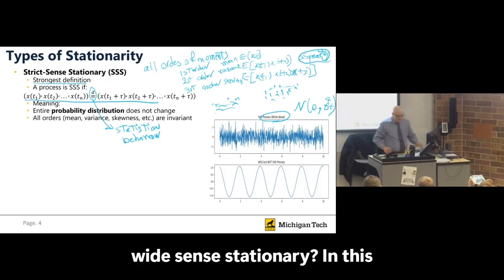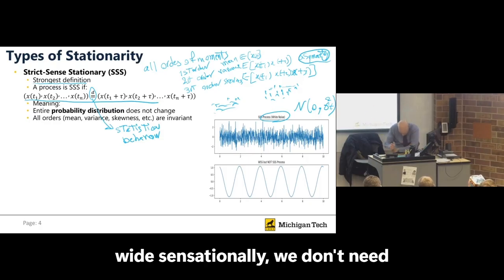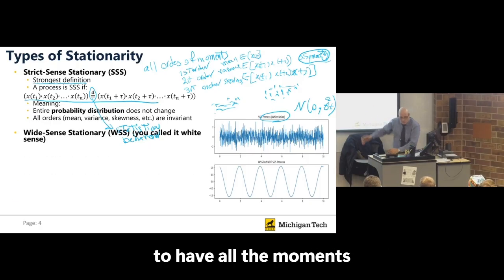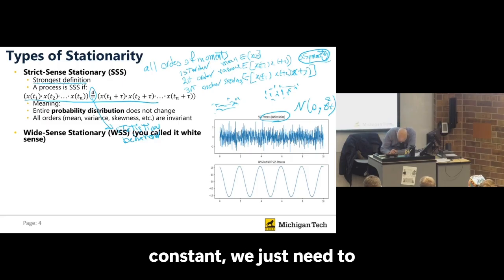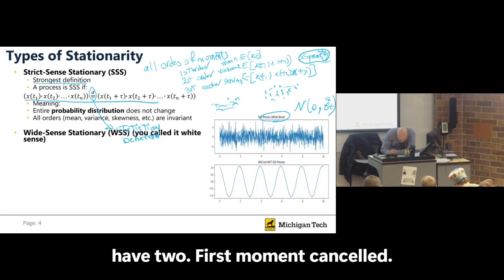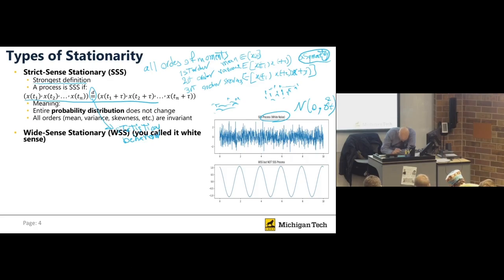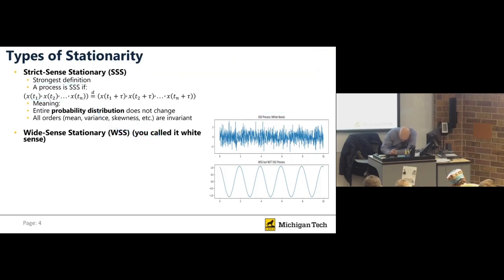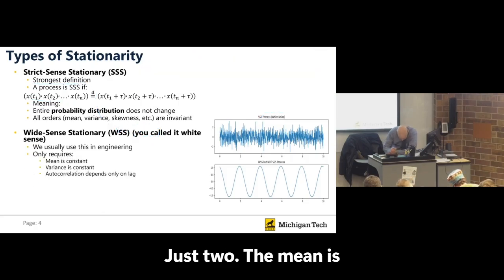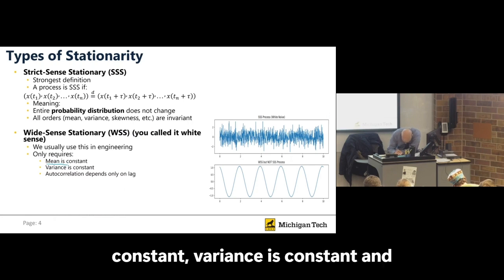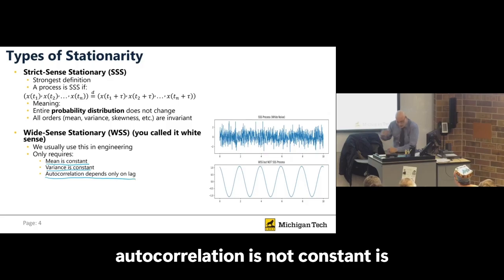What about wide sense stationary? In wide sense stationary, we don't need to have all the moments constant. We just need the first two moments constant. Mean is constant, variance is constant, and autocorrelation is not constant.